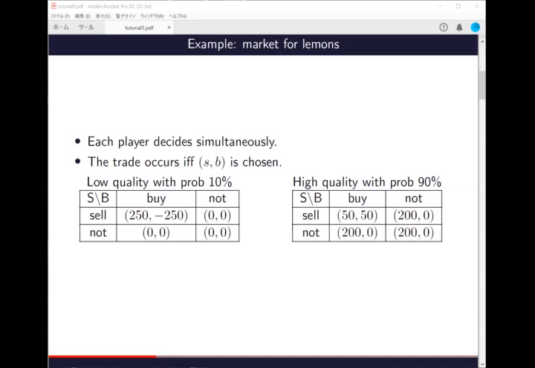The buyer sees that the seller plays the game on the left table 10% of the time and the right table 90% of the time. Therefore, there is an information asymmetry in the sense that the seller knows which game he is playing, while the buyer only knows the probability distribution of the games.